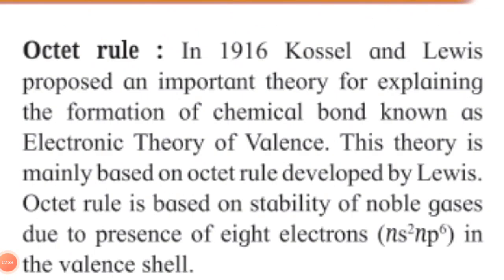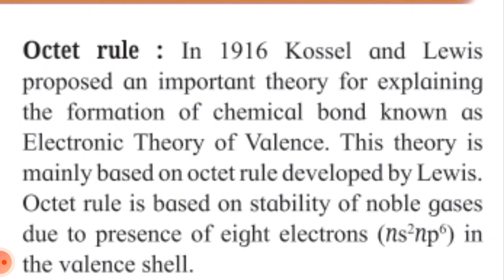Octet rule. In 1916, Kossel and Lewis proposed an important theory for explaining the formation of a chemical bond, known as the electronic theory of valence. This theory is mainly based on the octet rule developed by Lewis.